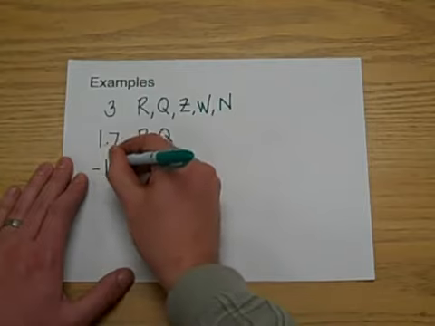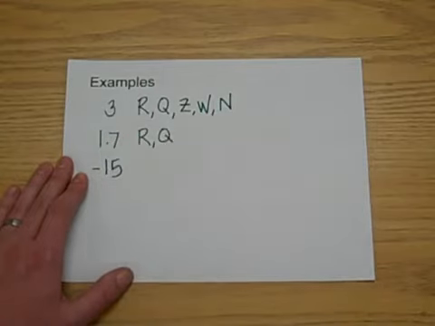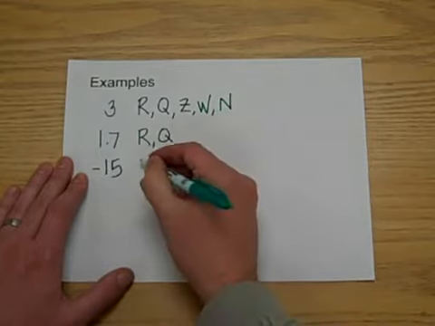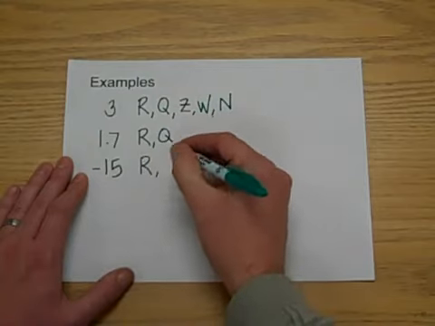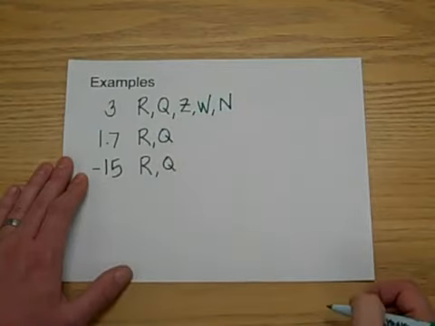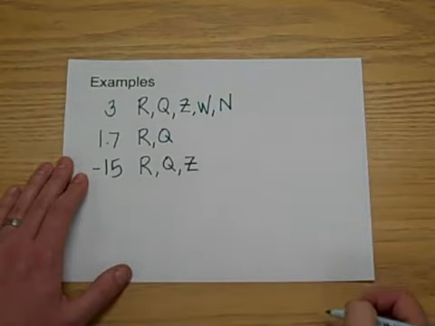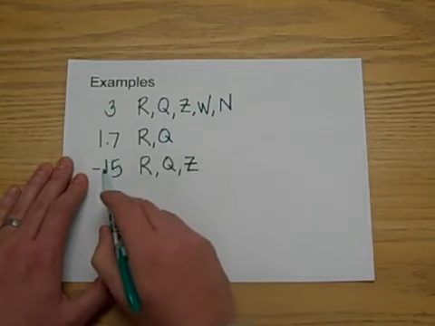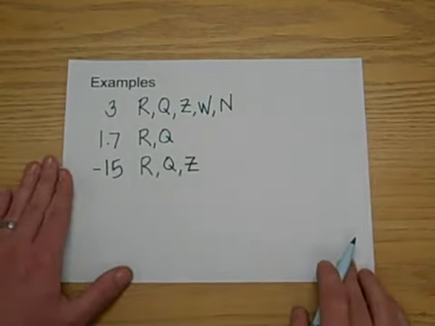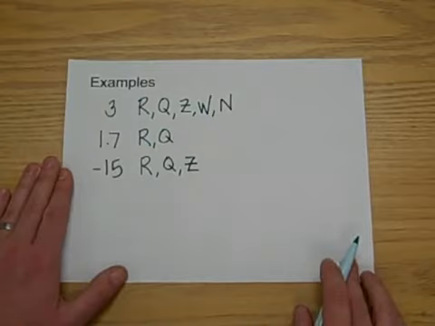Next one, let's try negative 15. Negative 15 is real. It's also rational. It's an integer because there's no decimal. But it's not whole or natural because it's negative. So it's real, rational, and integer.